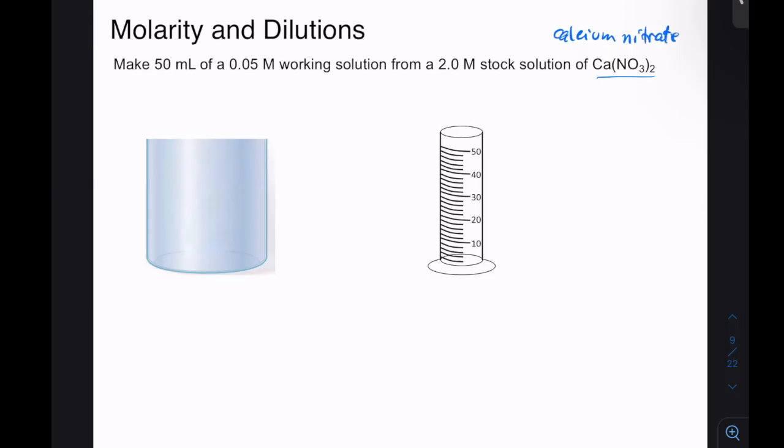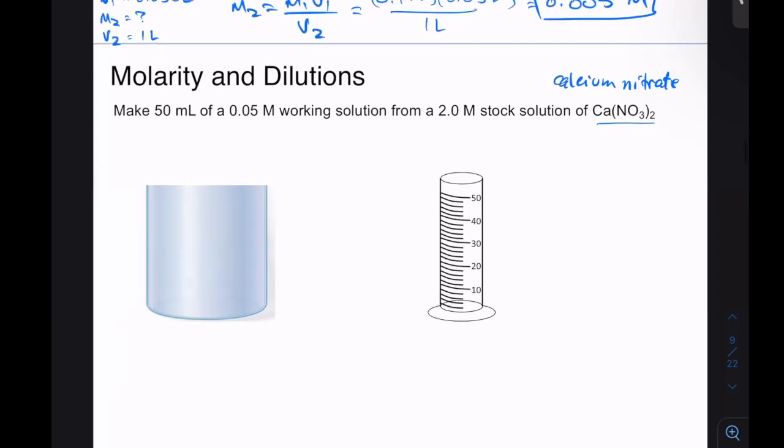All right, let's take stock of the information we're given in these word problems. We can see it's a dilution problem because we're looking for keywords like stock solution and working solution. Even if the problem doesn't say you're making a dilution, those two terms should key you in that we're using M1V1 equals M2V2.